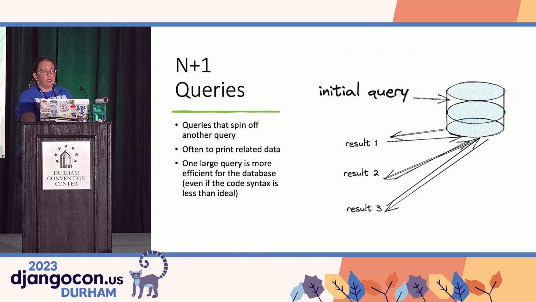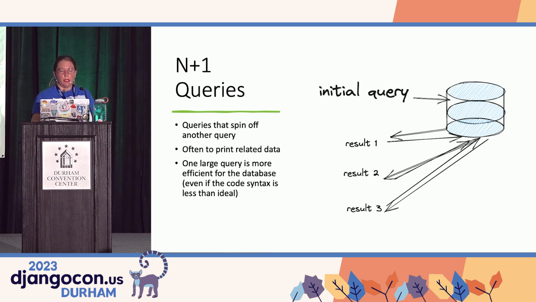Another thing to keep in the back of your mind are N+1 queries. This is primarily something that you'll get straight from the ORM when you're writing the models to decide what you want, and then you get a batch of data, and then you want to print something related to it.